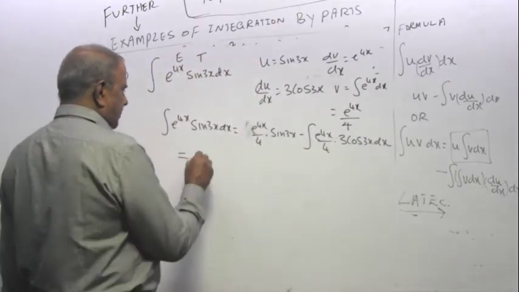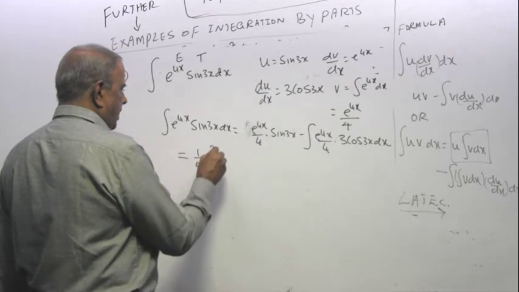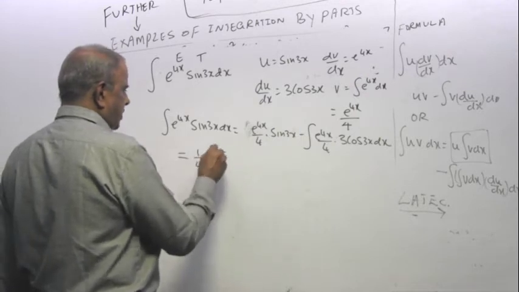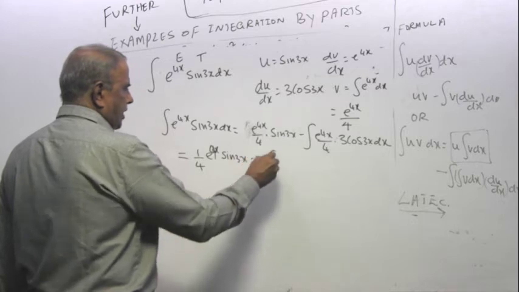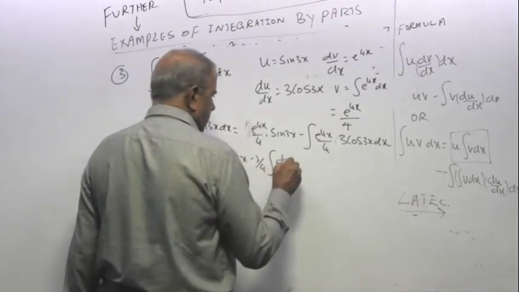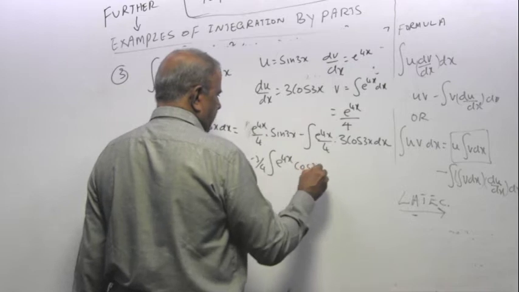Well, there's nothing I can do there. I'll keep it as it is. Minus 3/4 integral e power 4x cos 3x dx.